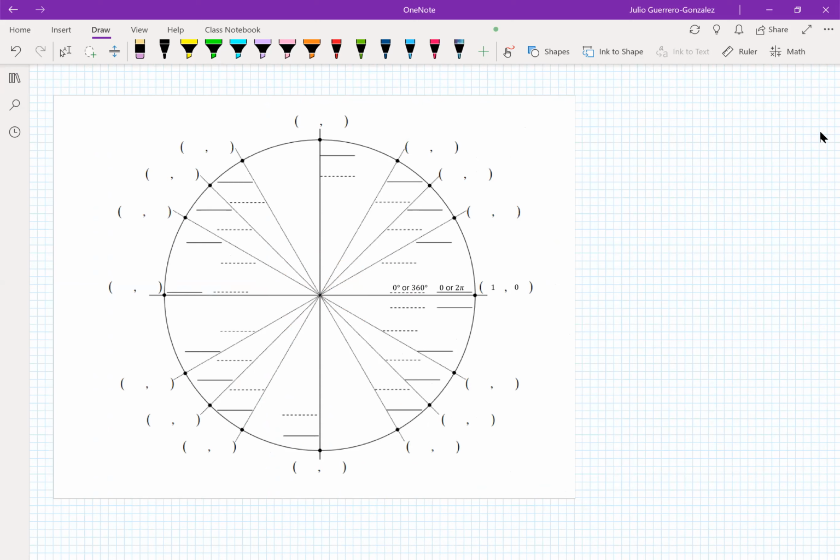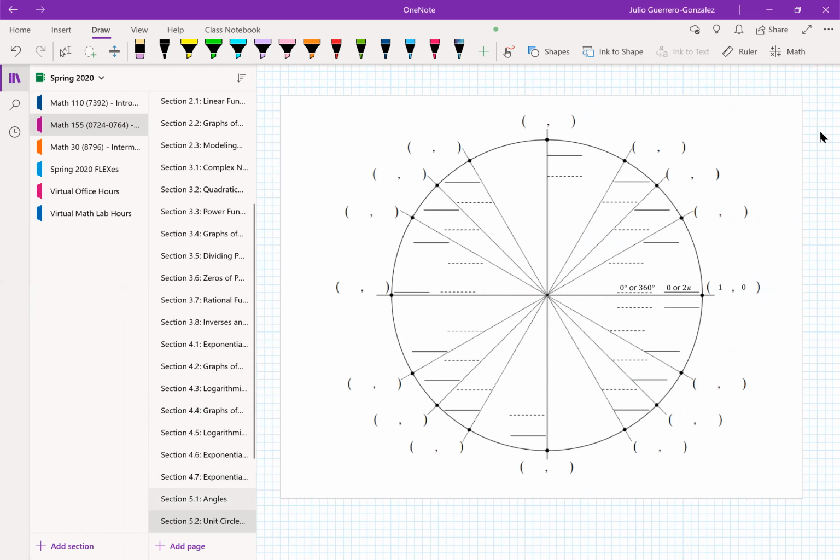It's called the unit circle. I think I put it already in the chapter 5 stuff. If not, stop me and I'll upload it again. We're going to be using this a lot, like a lot.